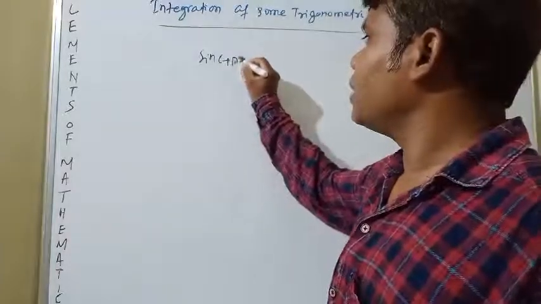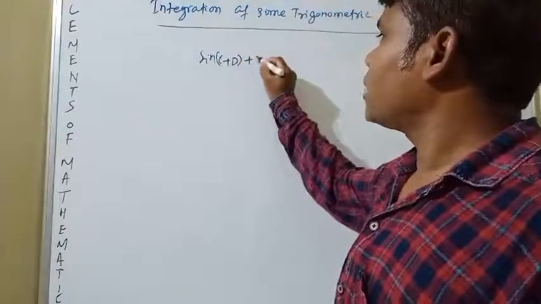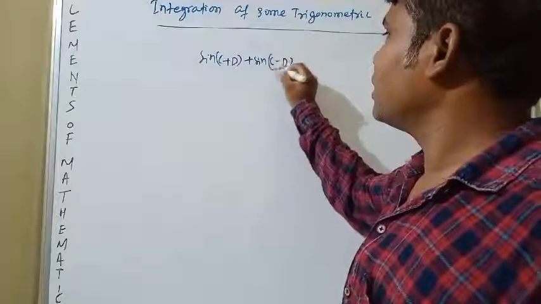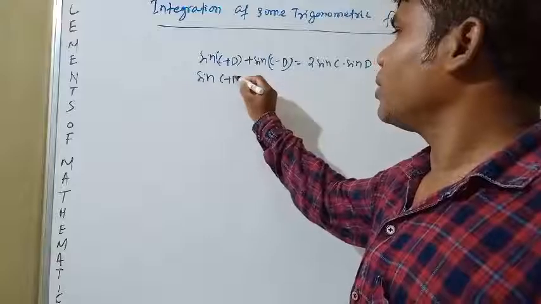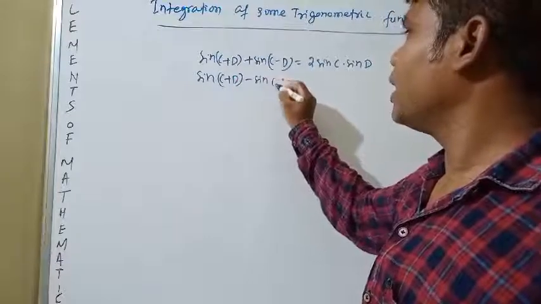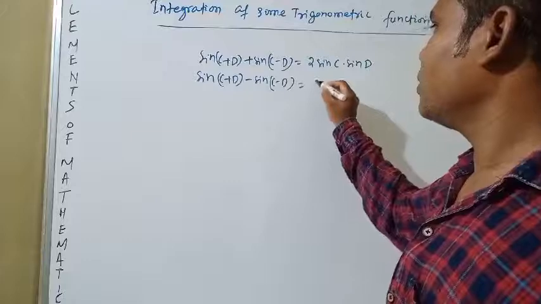You see, sin(c+d) plus sin(c-d) is equal to 2 sin c into cos d. The second one is sin(c+d) minus sin(c-d) is equal to 2 cos c into sin d.